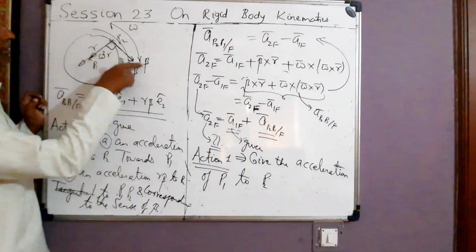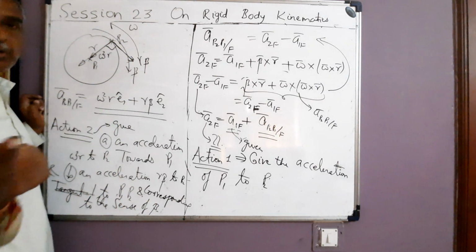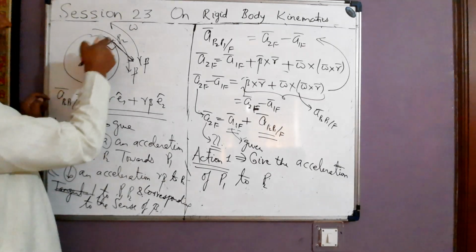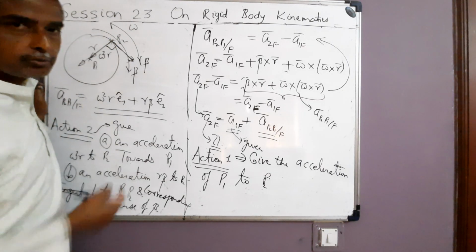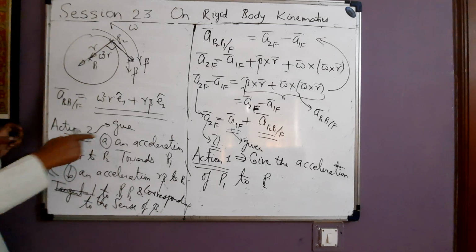Perpendicular, why? Because it is tangent to the circle. By the property of a circle, the tangent at any point is perpendicular to the radius at that point. So this is what we have to do in action 2.